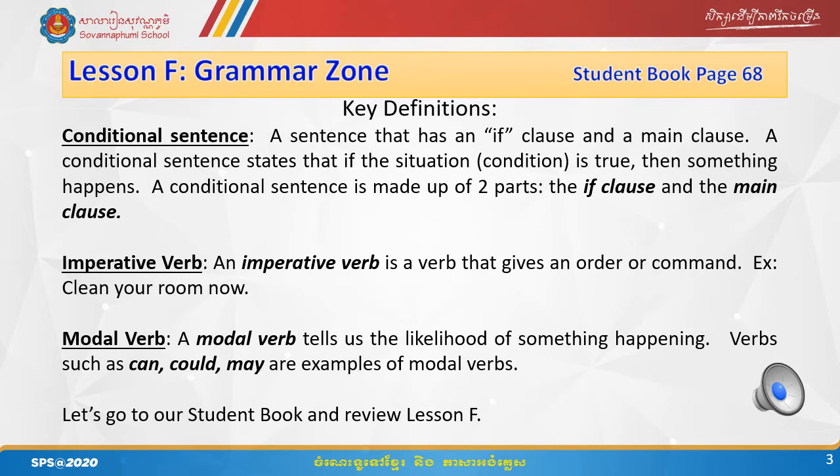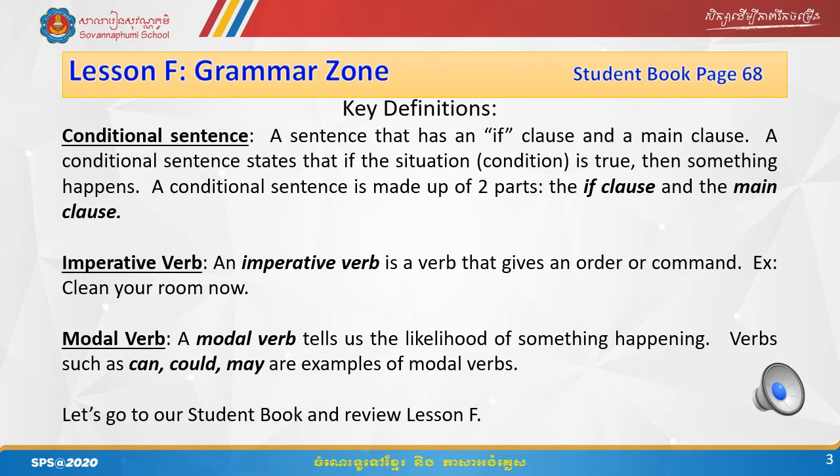A conditional sentence is made up of two parts, the if clause and the main clause. Imperative verb. An imperative verb is a verb that gives an order or command. Example, clean your room now. Modal verb. A modal verb tells us the likelihood of something happening. Verbs such as can, could, may are examples of modal verbs.